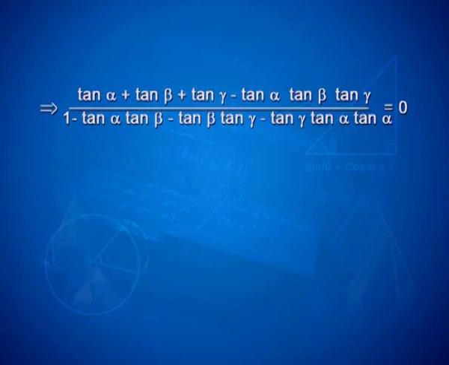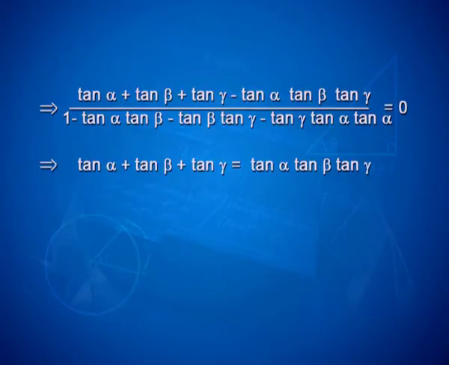This implies tan alpha plus tan beta plus tan gamma minus tan alpha into tan beta into tan gamma, divided by 1 minus tan alpha into tan beta minus tan beta into tan gamma minus tan gamma into tan alpha, is equal to 0. This again implies tan alpha plus tan beta plus tan gamma is equal to tan alpha into tan beta into tan gamma.